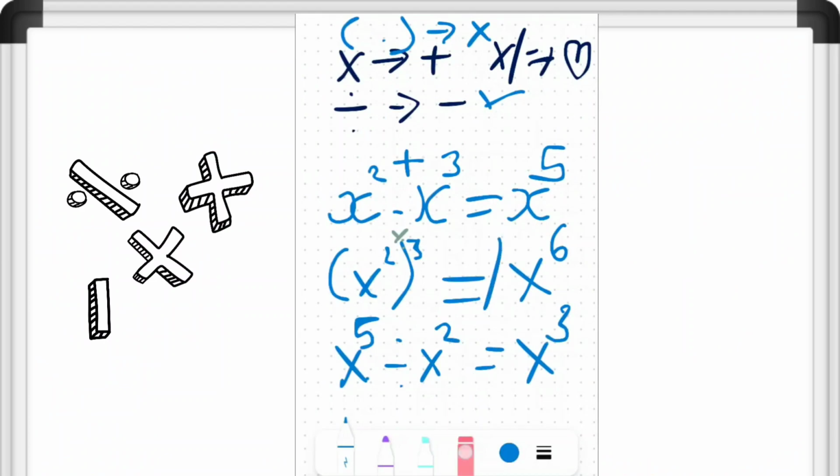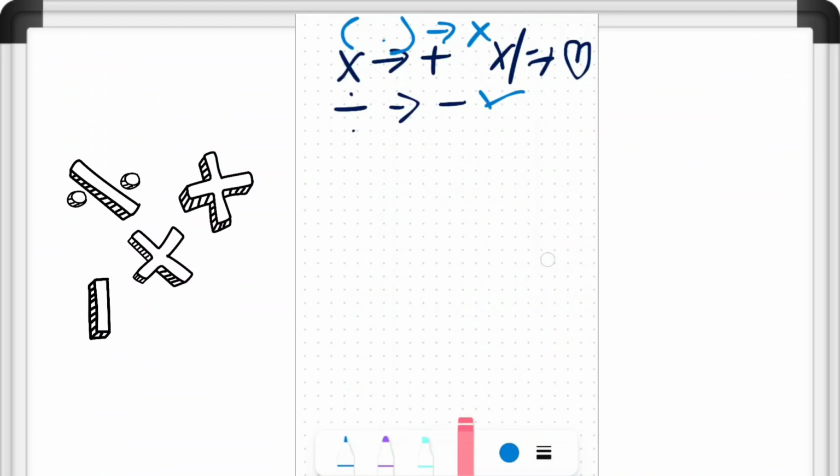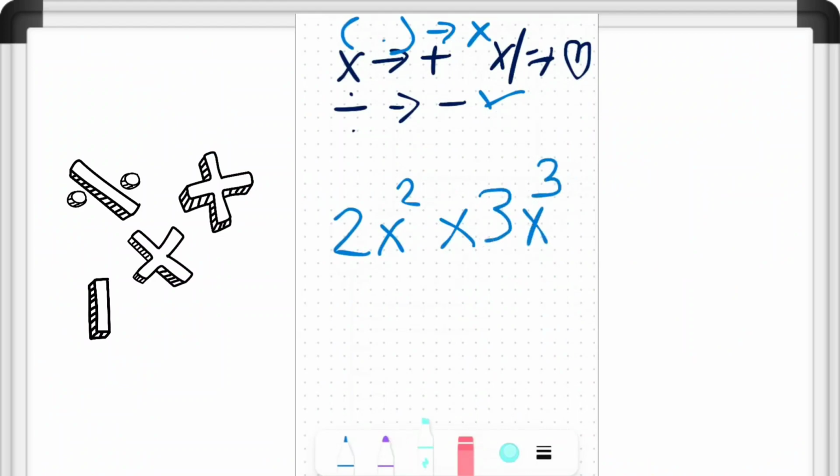For the last one, just going to remove these ones quickly. For the last one, I have 2x to the power of 2 times 3x to the power of 3. Now let's start by the first thing. When we have coefficients, again, plus or minus, multiply or divide, you do them as normal.